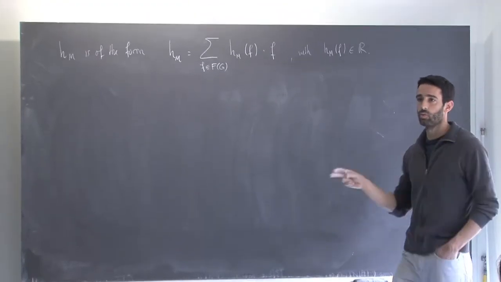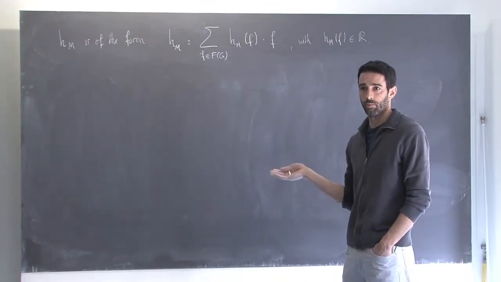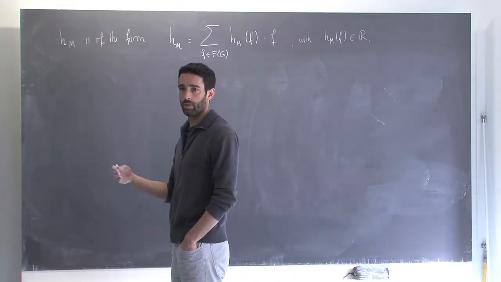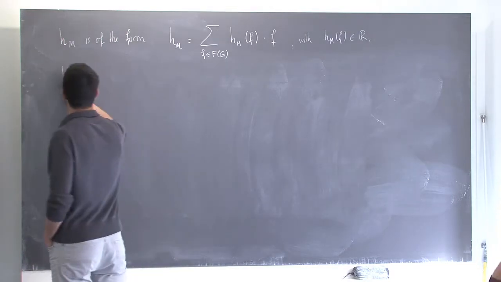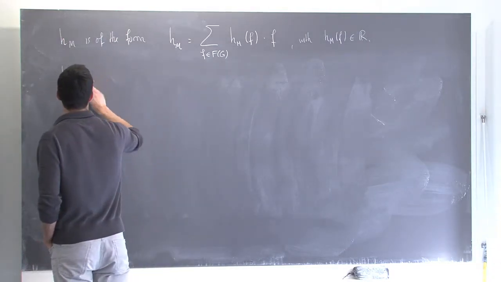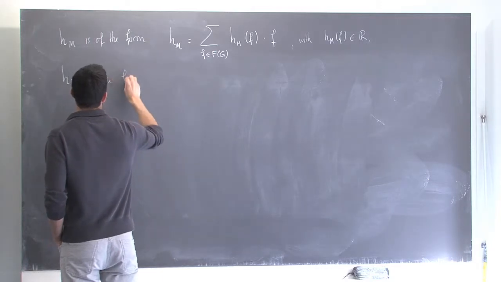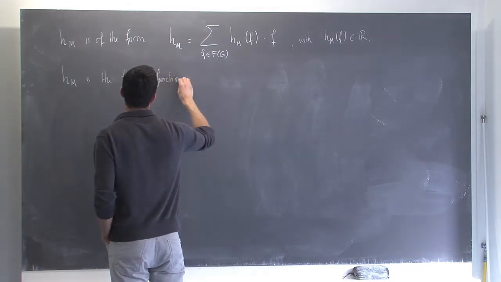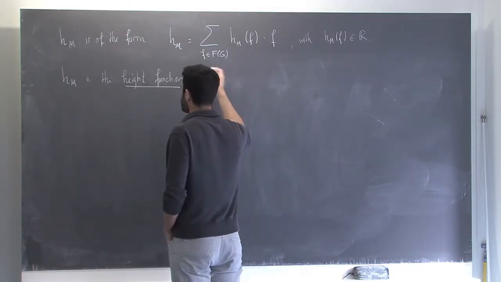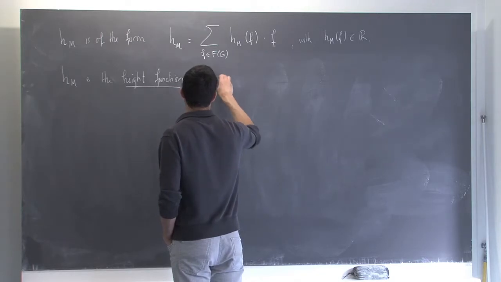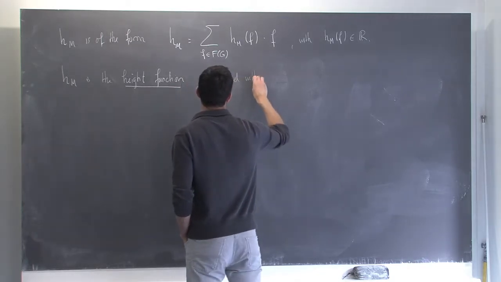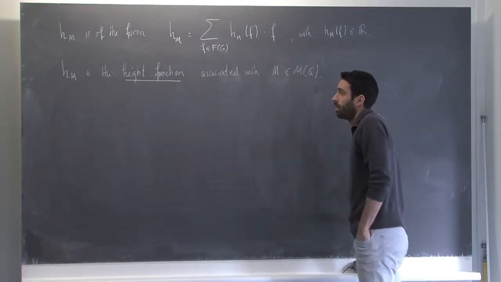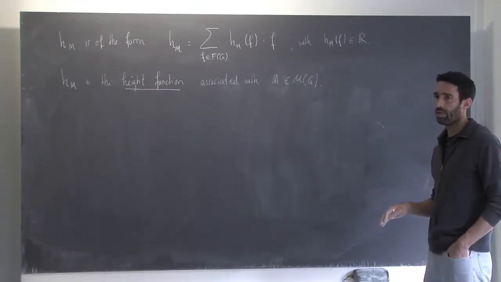So basically it assigns to every face of the graph a real number. And this hm is called the height function associated with the perfect matching m. So it means to each face you give a real number.